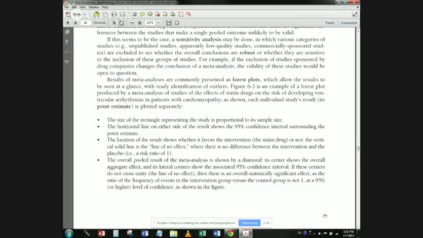If these corners do not cross unity, the line of no effect, then there is an overall statistically significant effect, as the ratio of the frequency of events in the intervention group versus the control group is not 1, at a 95% or higher level of confidence, as shown in the figure.